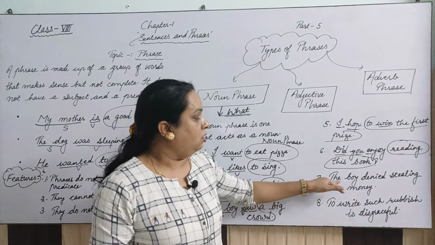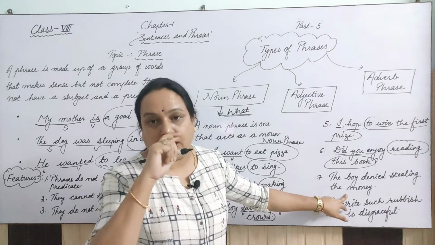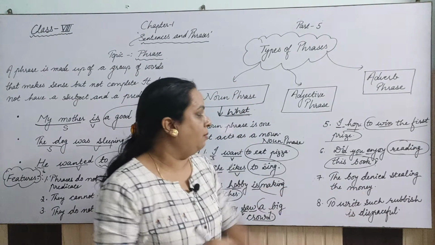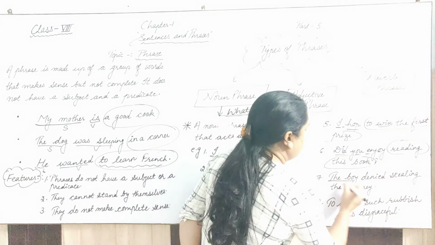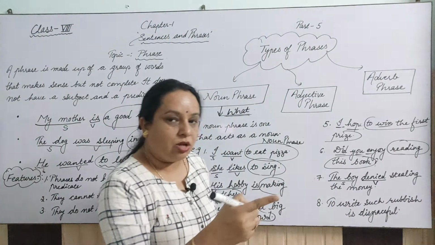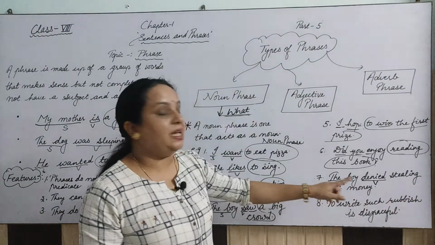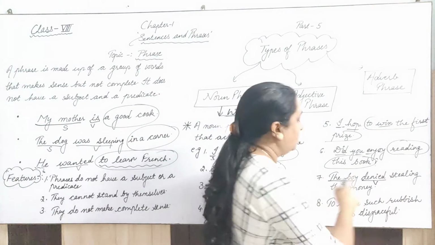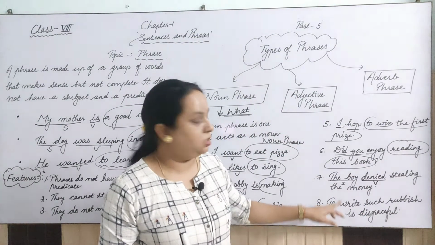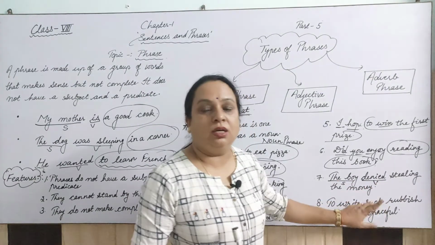Next one is, the boy denied stealing the money. Now here the boy is the subject, denied is the finite verb here, and stealing is a non-finite verb here, working as a noun, right? So stealing the money. What the boy denied? The question is what the boy denied. So the answer is stealing the money.